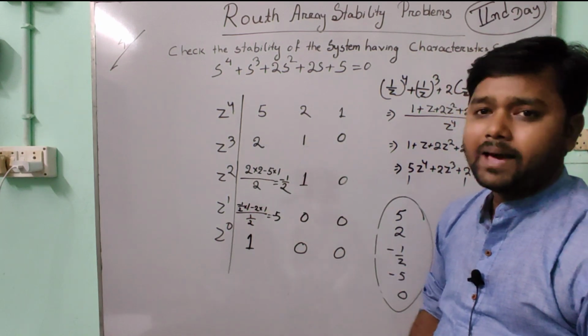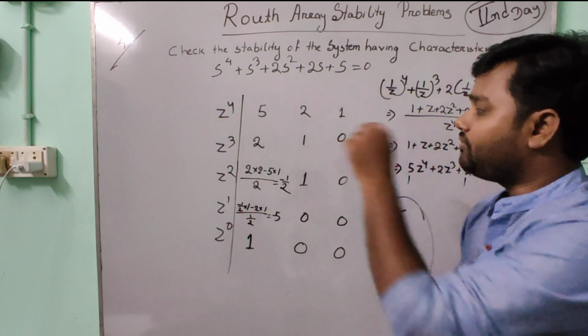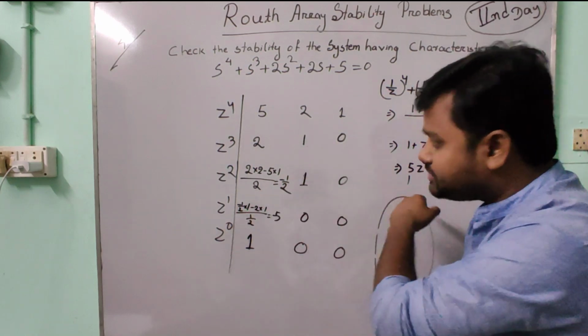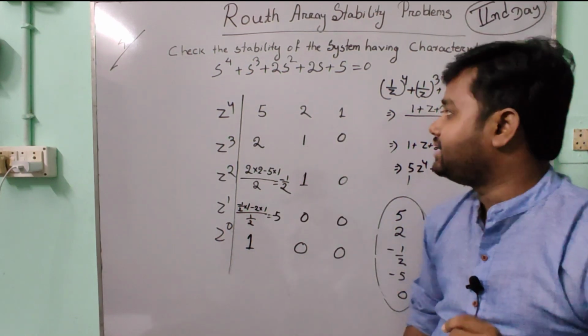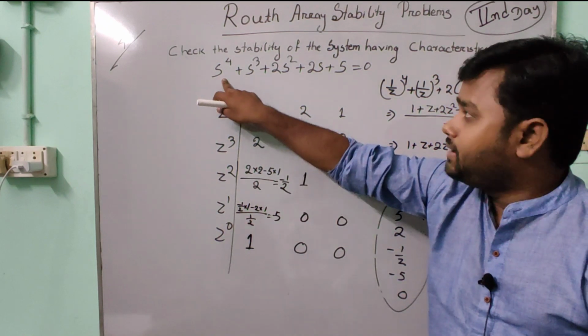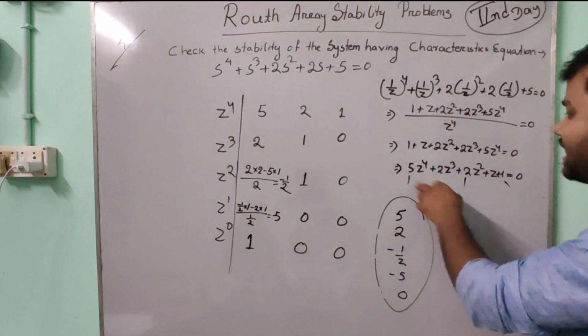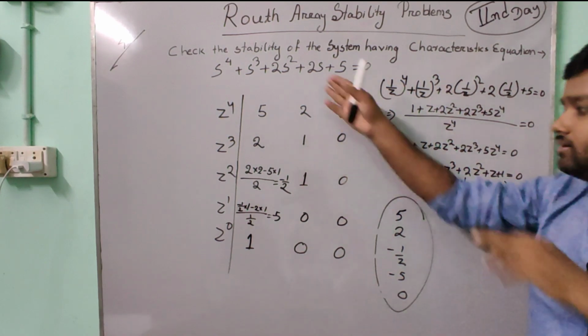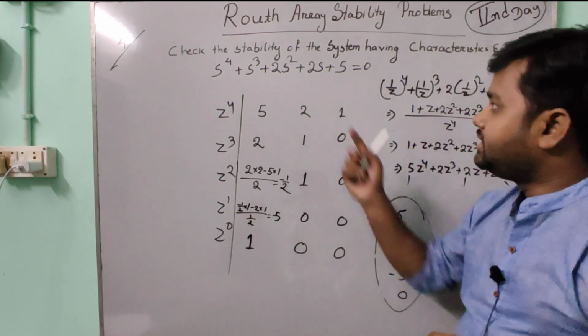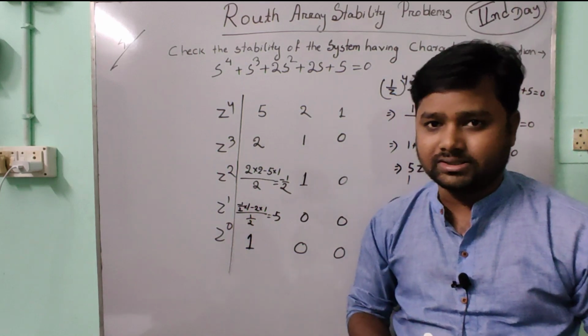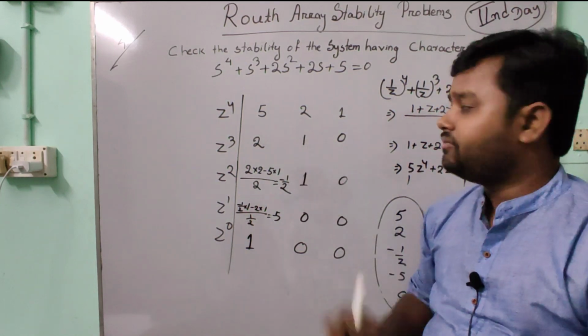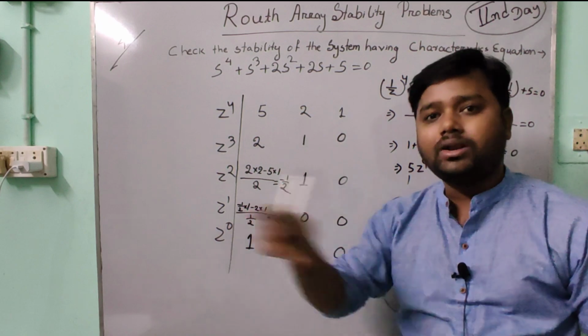In this problem the first column value was 0 and the rest were not 0. Here we put 1 by z in place of s, found another characteristic equation and solved it. These are the two processes to follow when the value is 0 in the first column or in a whole row.